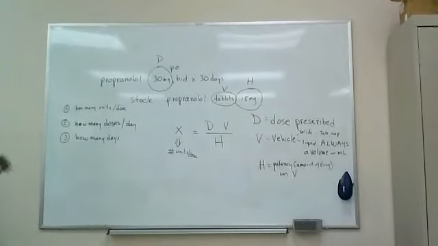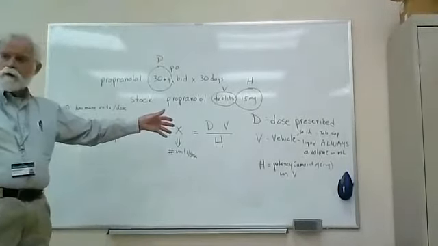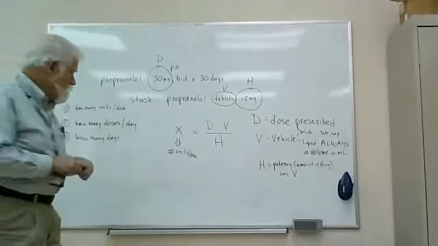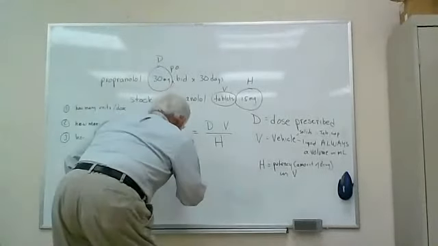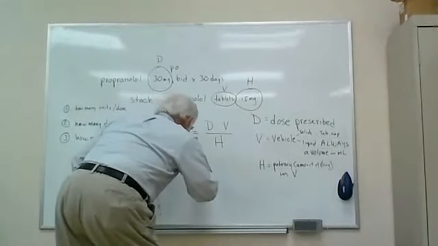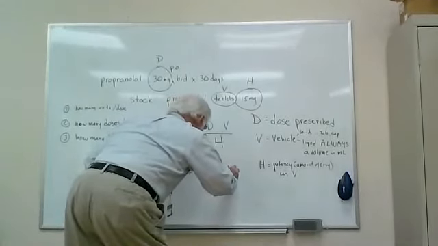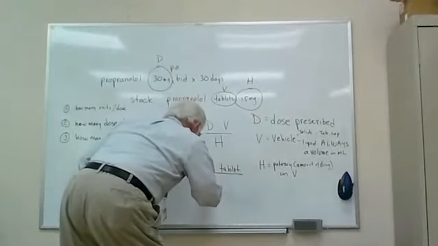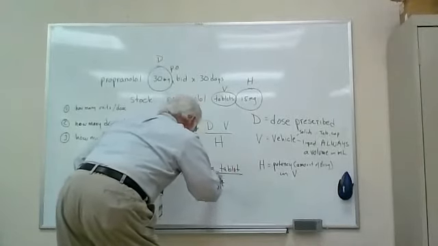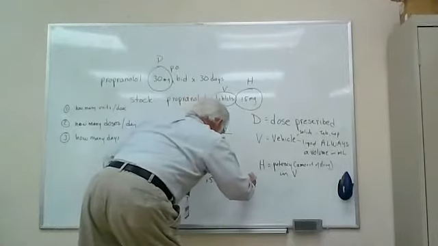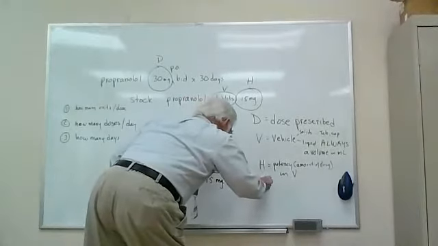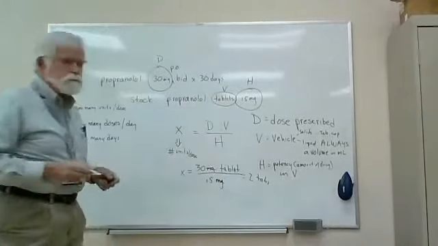So now we just take these values and plug them into this formula. So we have X equals 30 milligrams times tablet over 15 milligrams. Milligrams cancel, and it's 2 tablets per dose.